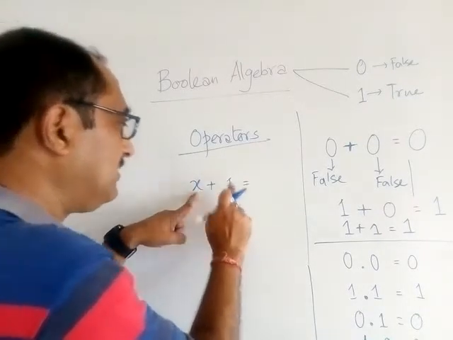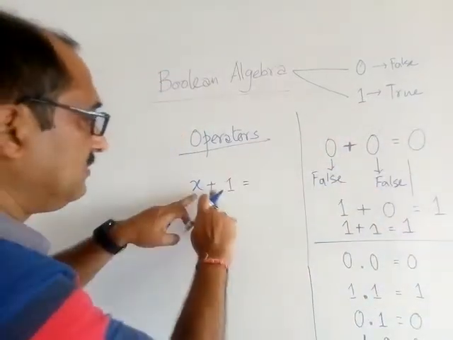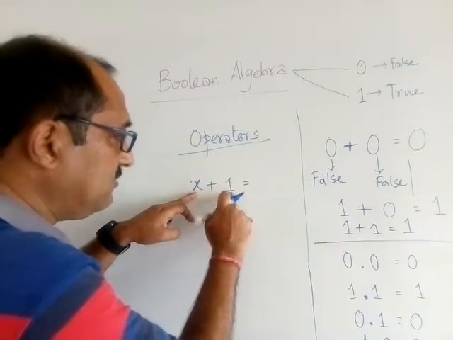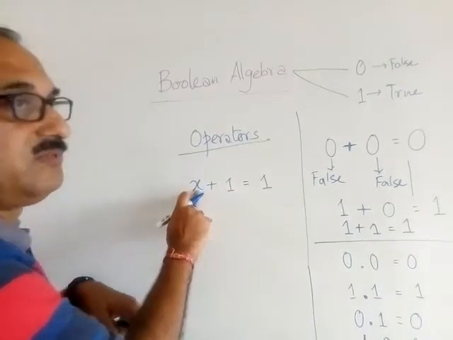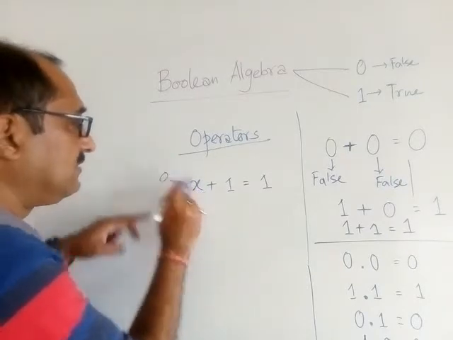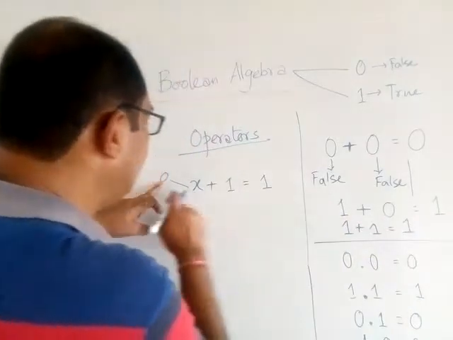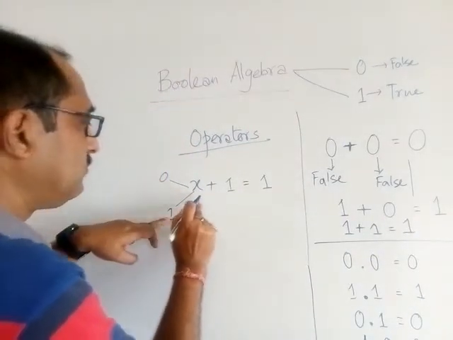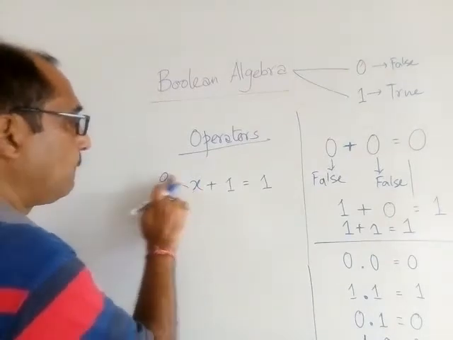Either this or that, one of them has to be true. So one of them is already true, so I've got the whole thing true. Because it doesn't matter whether x is 0 or 1. If x is 0, then also look at this, 0 plus 1 is 1. Fine. And if it is 1, then also 1 plus 1 is 1. I got it already. Understood?